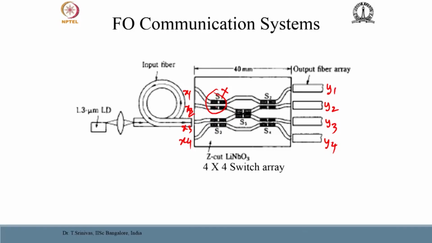For example, if you put S1, S2, S3 all in crossover state, we can expect that X1 will go to the last port, and similarly if you put S3 and S4 also in the crossover state, you can expect simultaneously X4 to go into port Y1. You can easily work out that all combinations are not possible, and you can think of higher configurations where you use more switches to achieve the desired connectivity. So, this is a typical 4x4 switch array that is useful for fiber optic communication systems.